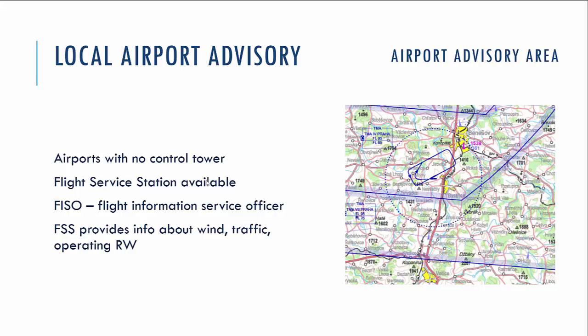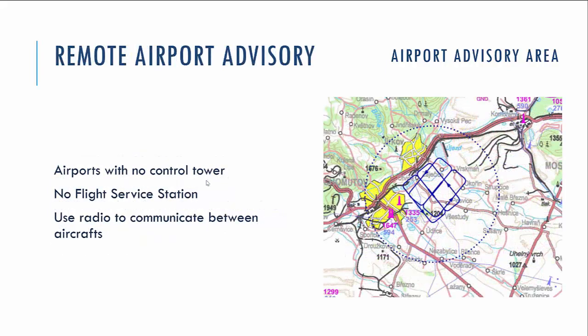You don't need to get clearance, but you always have to give your intention on the frequency of that flight service station. For remote airports with no control tower and no flight service station, you can just use the radio frequency to communicate between aircraft.